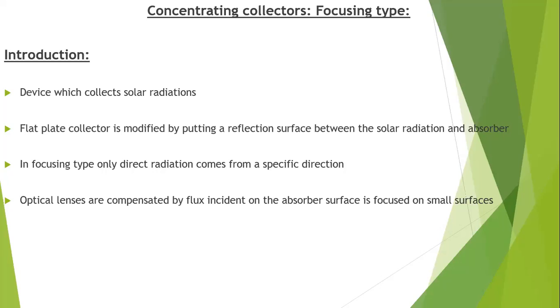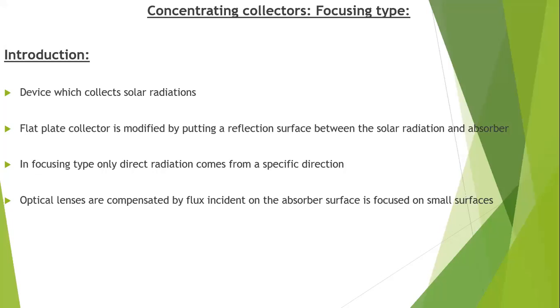Flat plate collectors have a radiation intensity of only 1.5 to 2, but concentrating collectors can increase this value from 1.5 to 2 up to 10,000.